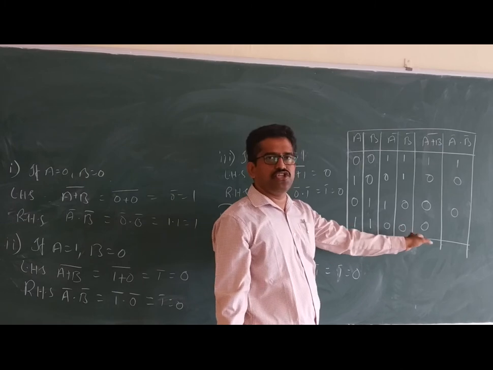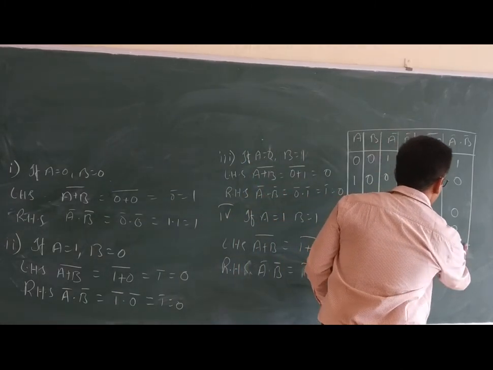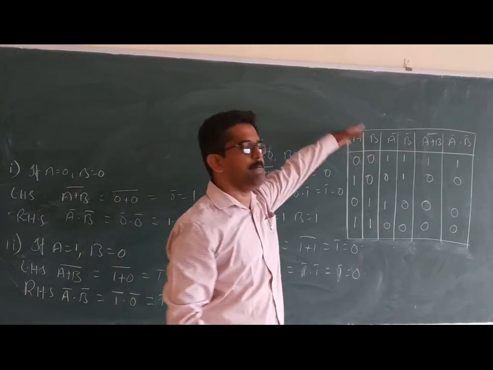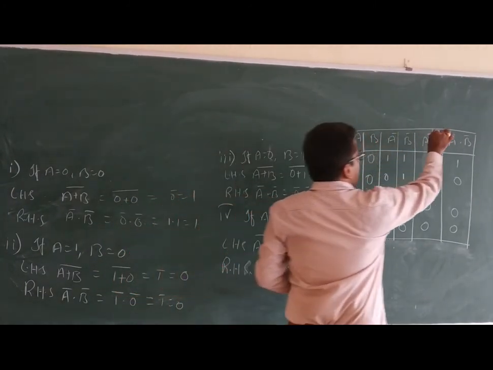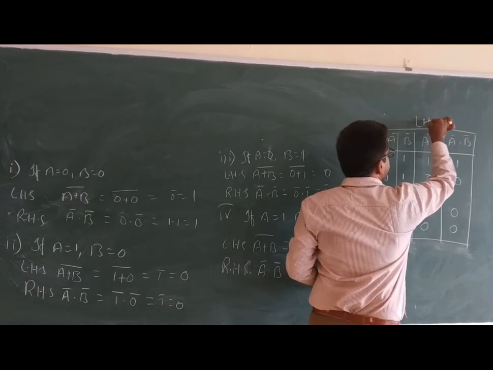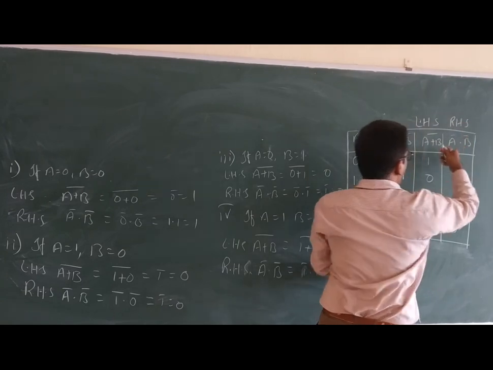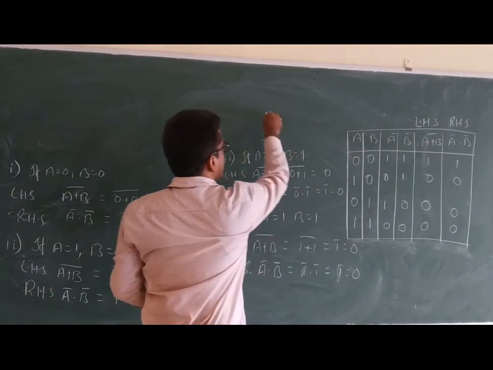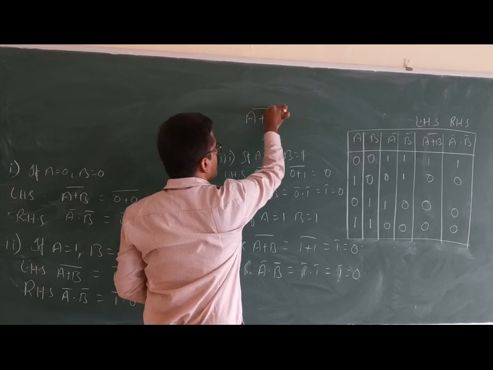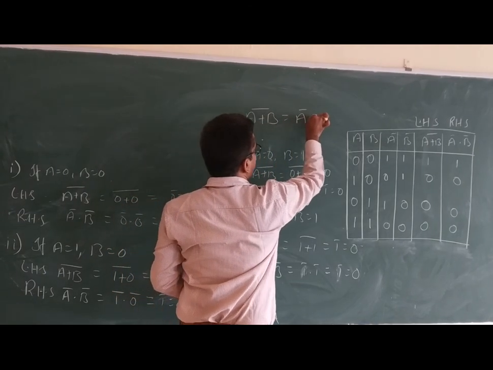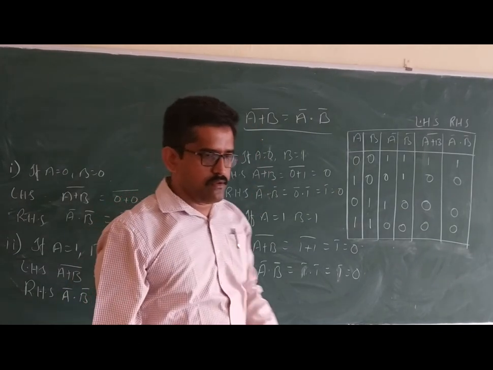Now 0 dot 0 is nothing but 0. So we can prove this De Morgan's theorem. This is the summary: in all these four cases, LHS is equal to RHS. That is, A plus B whole complement is equal to A complement dot B complement. Thank you.